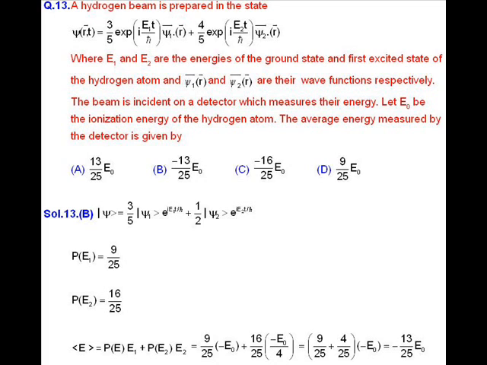That will be equal to 9 by 25 into minus E naught plus 16 by 25 into minus E naught upon 4, because for the first excited state n equals 2, so E2 is equal to minus E naught upon n square, with n as 2, that implies minus E naught upon 4. That implies total average energy will be equal to minus 13 upon 25 E naught. So option B is correct.